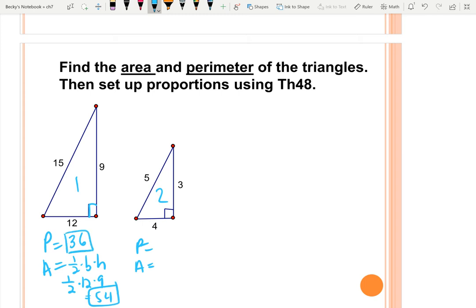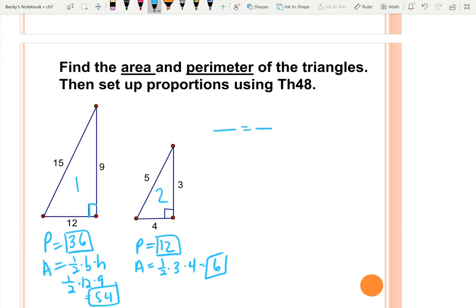All right, let's do the same thing for the next one. 4 plus 3 plus 5 is 12. And my area is 1/2 times 3 times 4. And what is that? 6, right? Yeah. Okay.